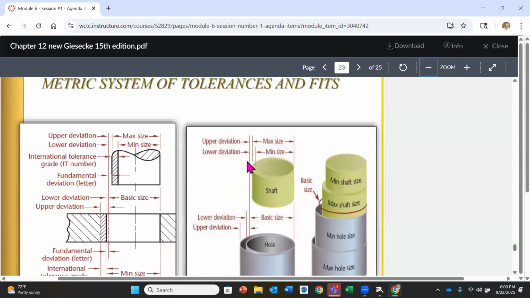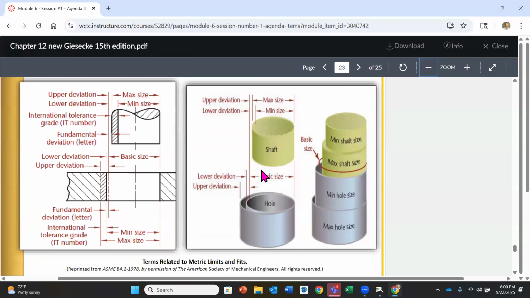Metric system and tolerances and fits. So the metric system also has the ability to create their own allowances and fits. And they have different standards, if you would, to the tolerances that they use. But it's still the same type of fits that we have.